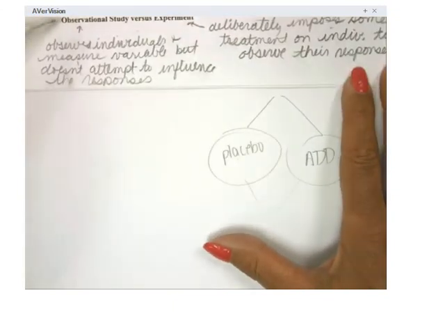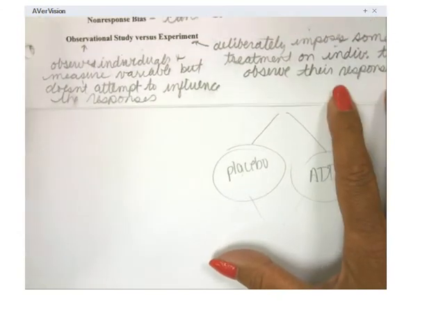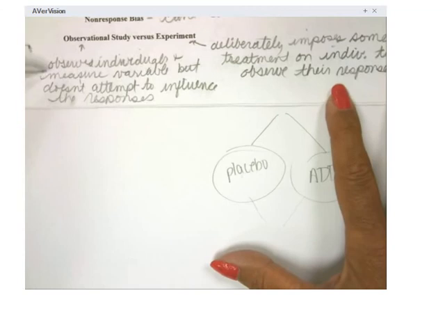As opposed to observational studies, which would be if we observe individuals after the fact, basically. So we observe individuals and measure variables, but we didn't attempt to influence the responses.